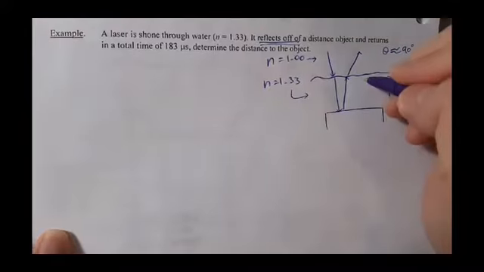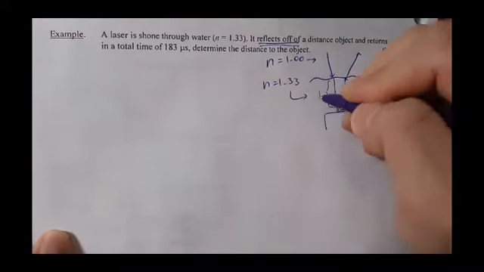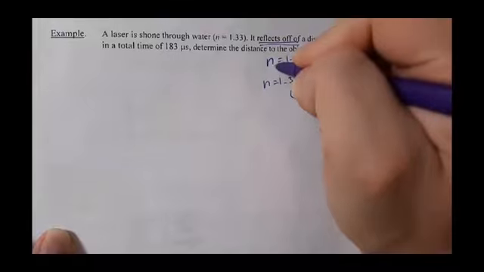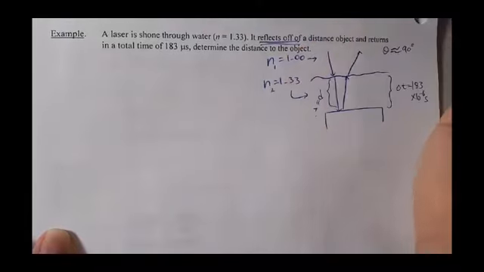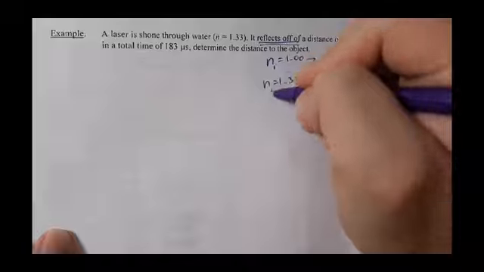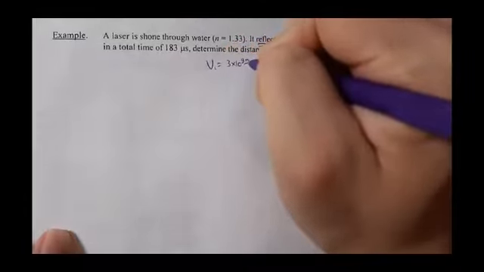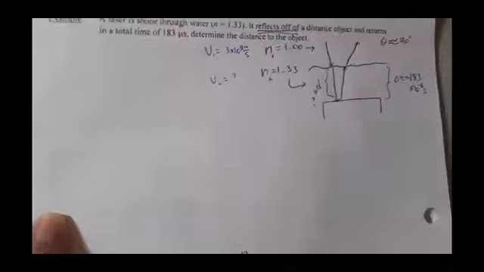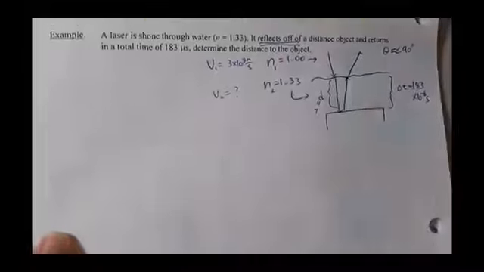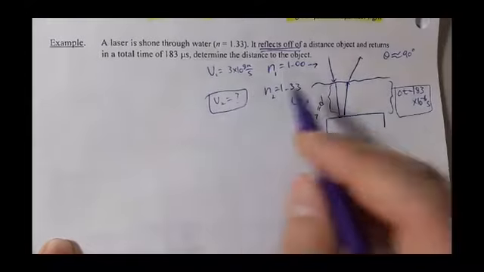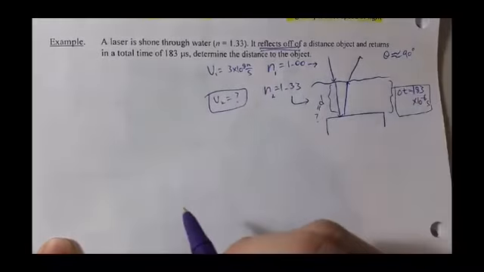Now we'll try to find out what my distance is. Let's talk about each of these situations. I'm going to call this incoming 1, and this refracting 2, or initial and final, if you will. v1 we know, 3.00 × 10^8 meters per second. v2 we don't know. So we're trying to find v2 first, because we know the time, so v is equal to d over t. We can easily use that combination.